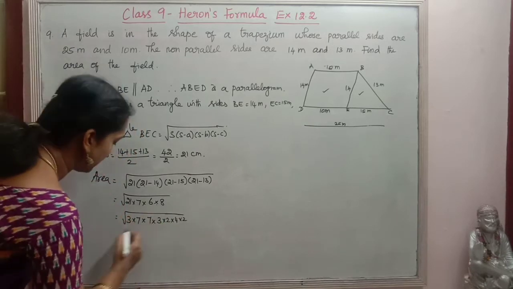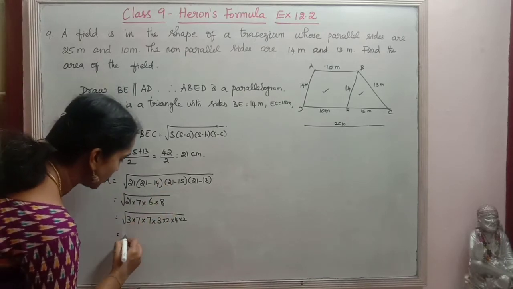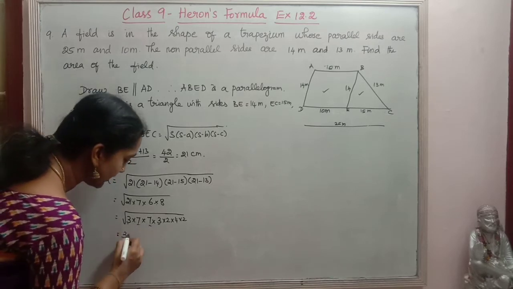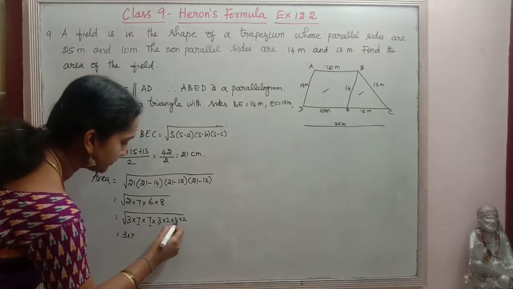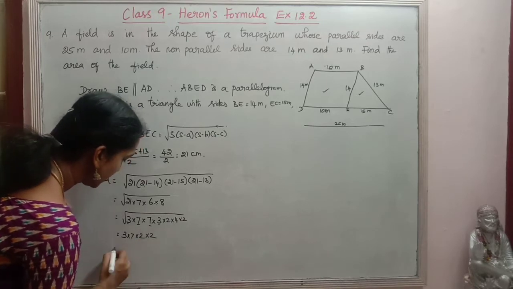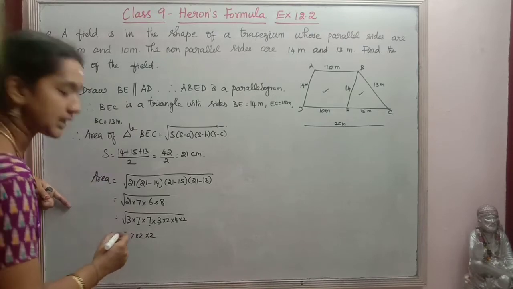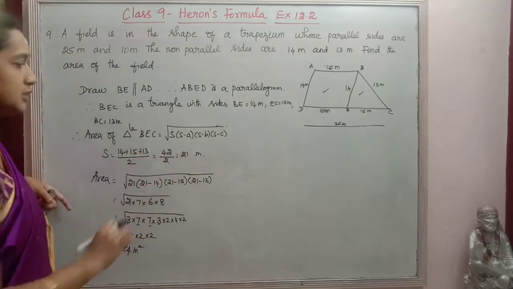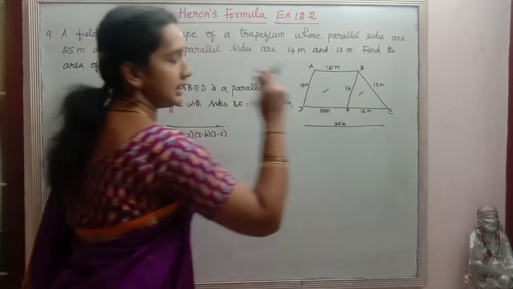Now we have the factors. Two 3s, we take one out. Two 7s, that is 7 squared, root is 7. Root of 2 squared is 2 and root 4 is 2. So 3 2s are 6, 6 2s are 12, 12 7s are 84 meter squared. It is meter, not centimeter. So 84 meter squared is the area of triangle BEC.